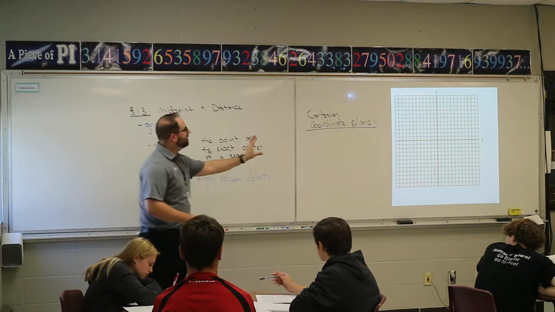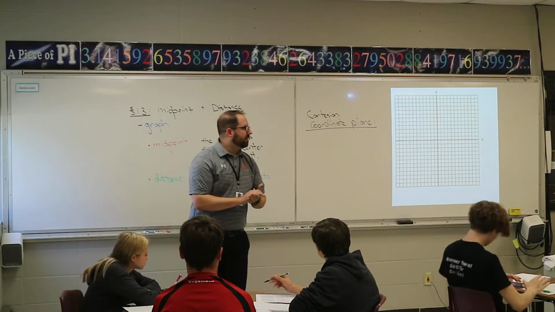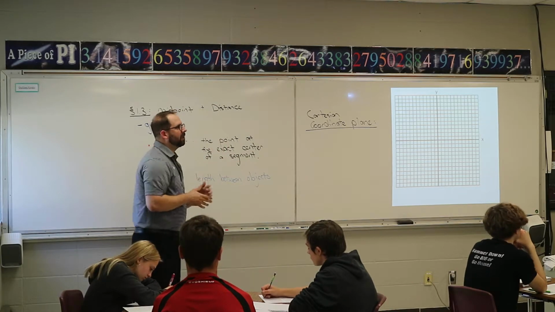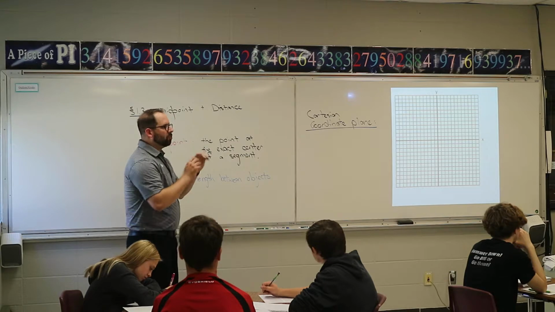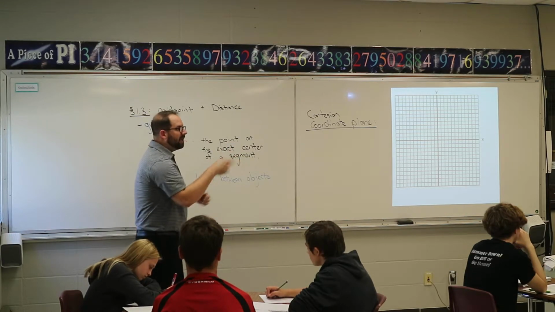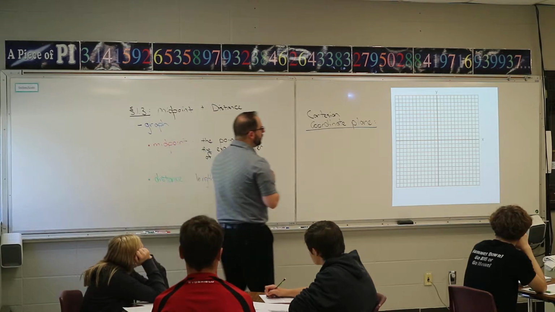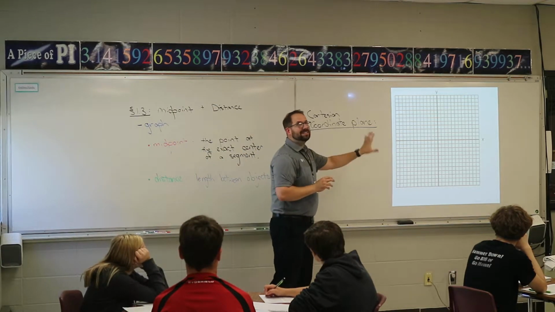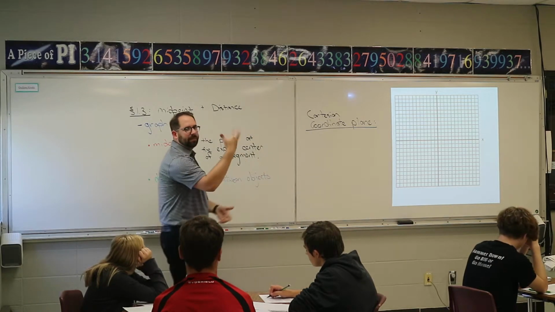This concept, this thing you're looking at, is used in every smartphone you have. In every Chromebook, every MacBook, every computer screen. They still use this system to run the pixels on the screen. So when you touch your smartphone to open up Snapchat or Instagram or whatever you're using, it's doing this system in the background so it knows what pixel you touched, and that's the app that opens.